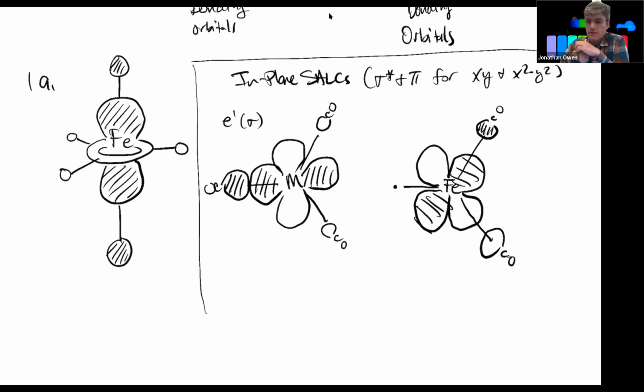If the one on the left is xy, the one on the right is x squared minus y squared. And in this case, it's the other two COs that point approximately at the ligands. And this ligand over here falls in the nodal plane.